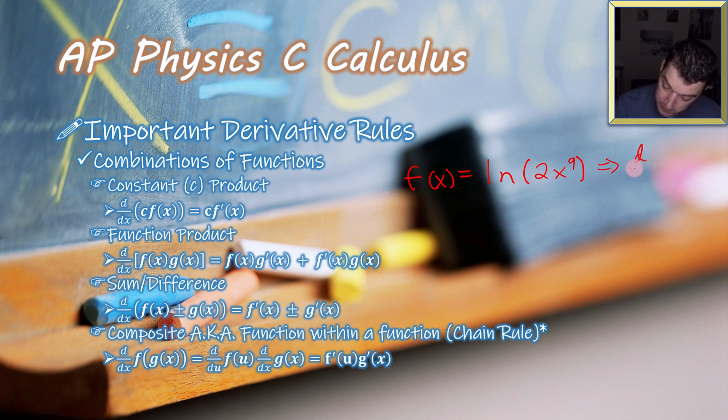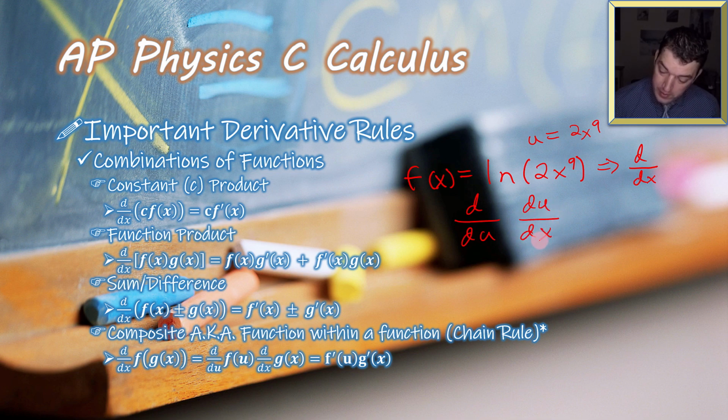The derivative relative to that input of x, what we're actually going to do is say, well, let's let u equal 2x to the 9th. And then we're going to find the derivative based on that input u, and then the derivative of u based on that input x. And that will end up getting the derivative of that original function.